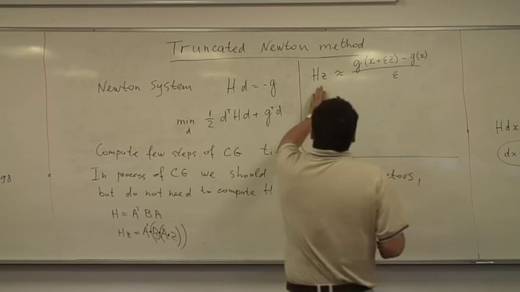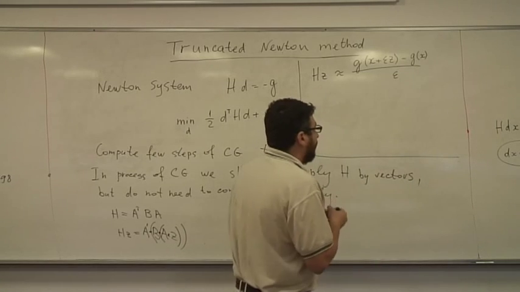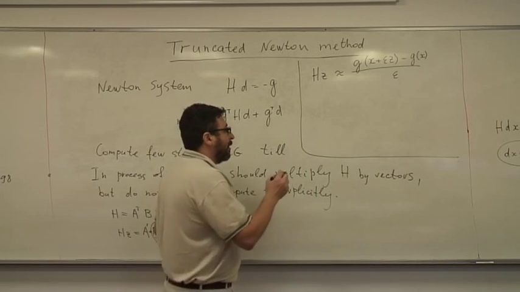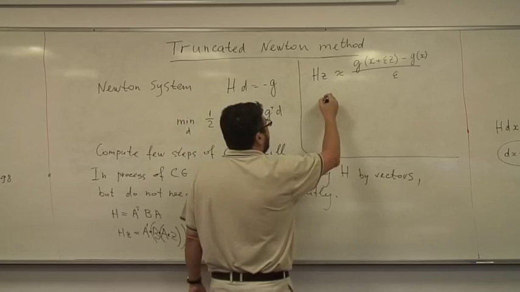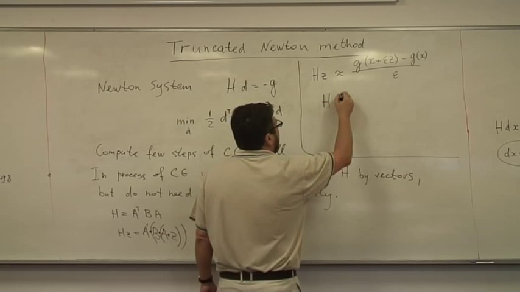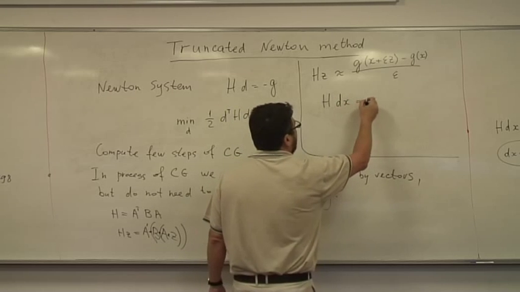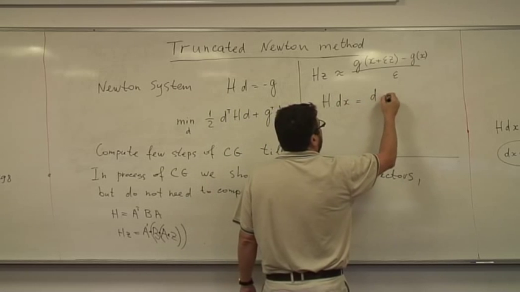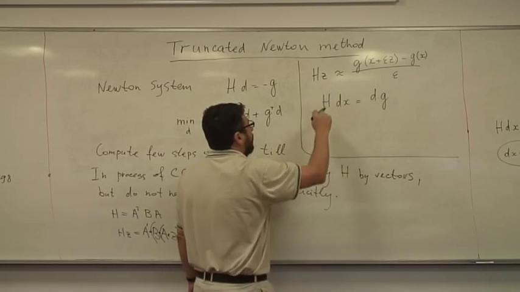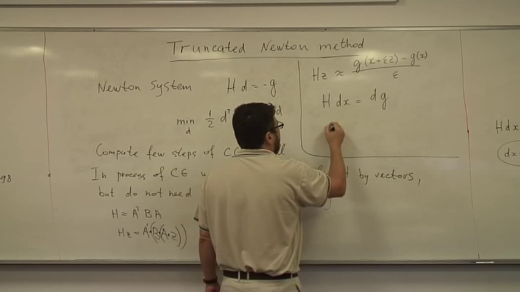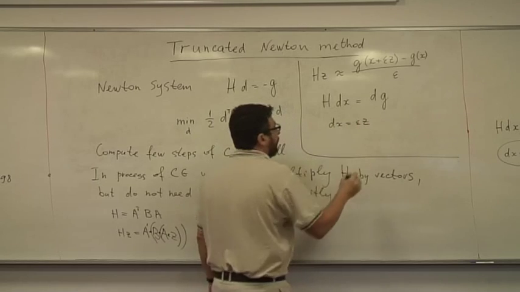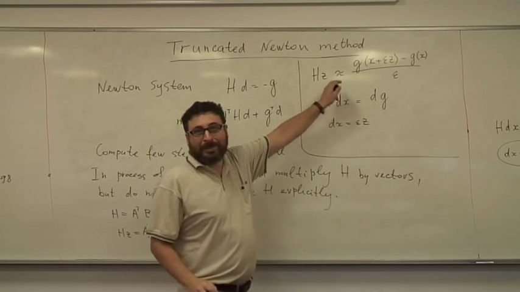So how can I get this formula? You remember the definition of Hessian? It works in this way: Hessian multiplied by differential of x gives differential of gradient. It's pretty similar if I use dx as epsilon z. You immediately see this.